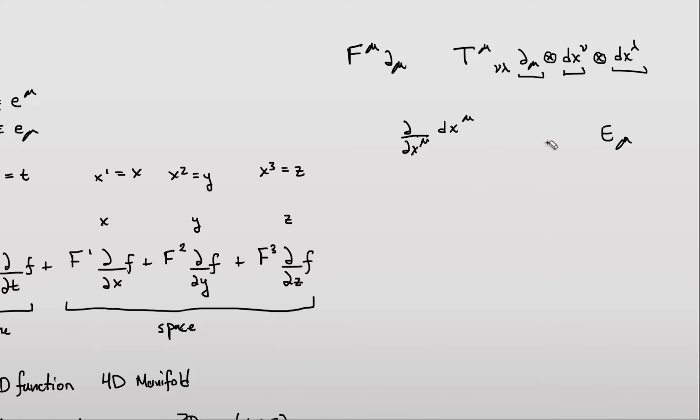And if you remember, E mu nu, we said this was a covariant object, right? And this covariant object was defined by having, I believe, the charge over the distance, right? And here's something over the distance. As we change that distance, the components will change just like that.